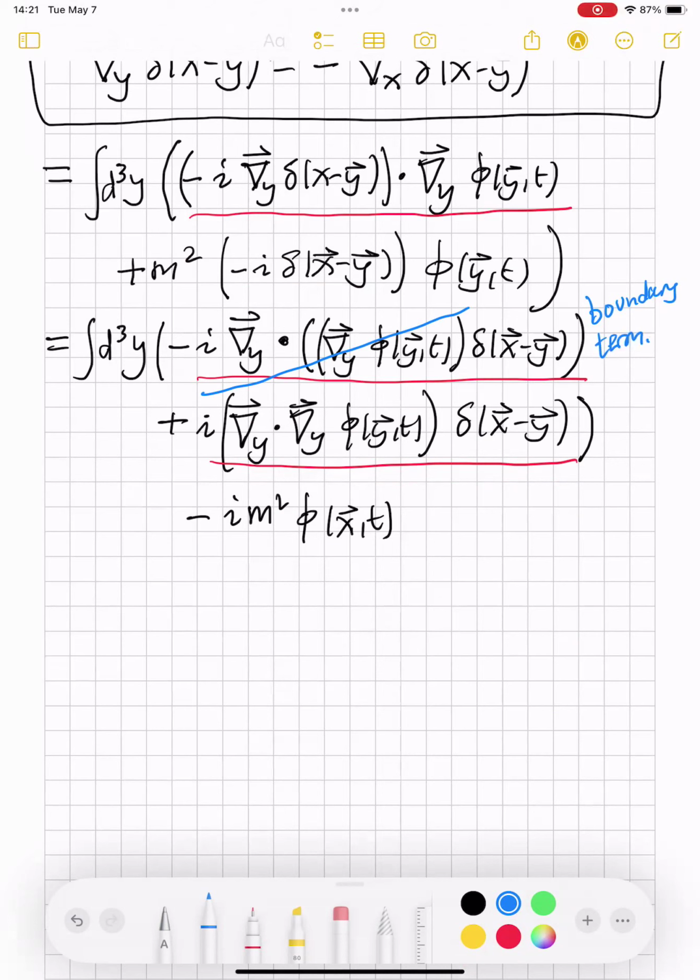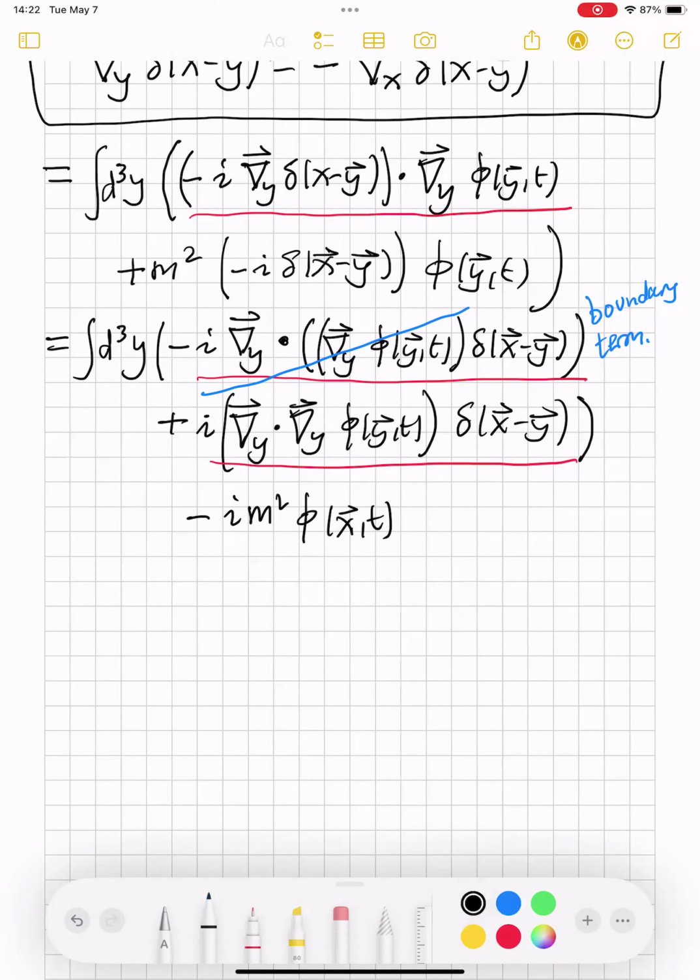Why do we neglect the boundary term? Well, the boundary term ends up being evaluated as a surface term, so something on the surface of the integration domain. And on that surface, at infinity, the field phi itself vanishes. Also, because x is some point that's internal, the delta function would also vanish. So that's two good reasons to drop the boundary term. So the boundary term can be dropped.